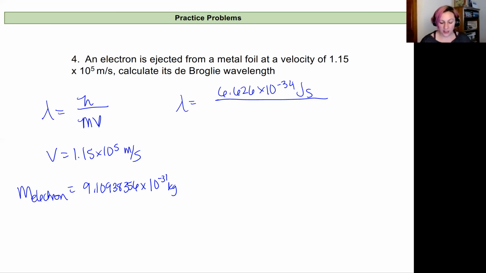We are going to use units of kilograms because we want to be able to relate this to a joule. And 1 joule is equal to a kilogram meter squared per second squared. So we really want to make sure that our mass is in kilograms for this, and that'll be really key.